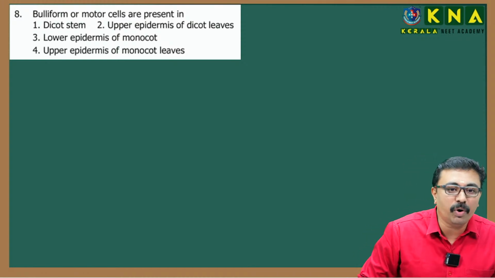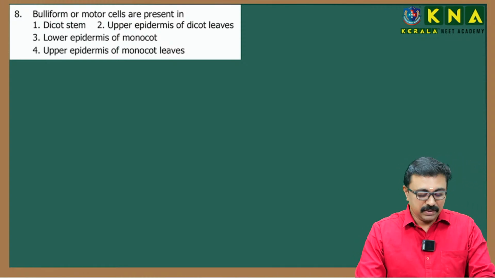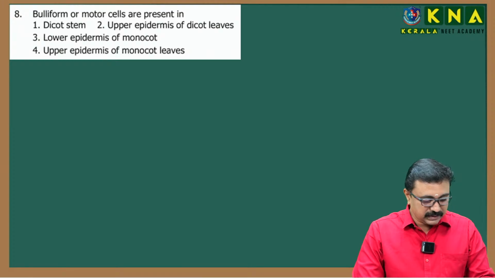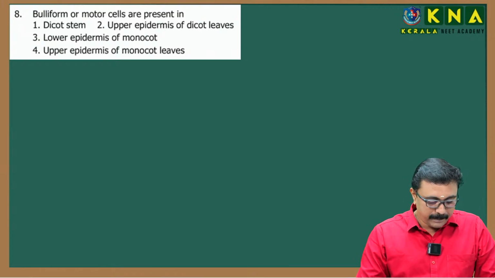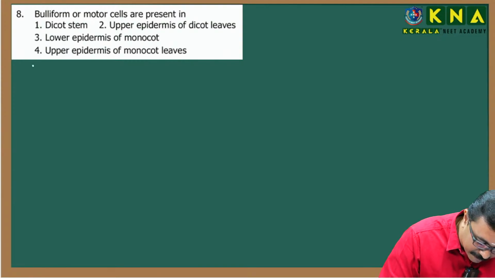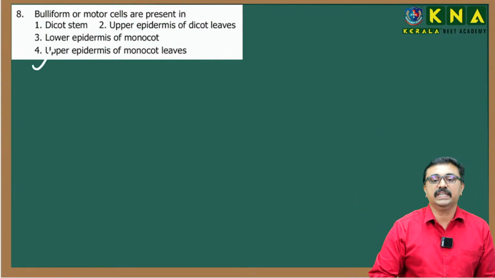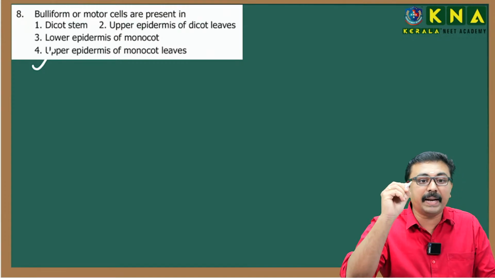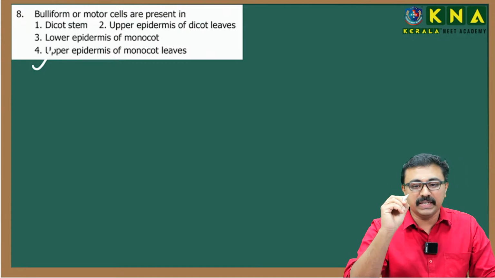Bulliform cells or motor cells. Okay, very good. The right answer is upper epidermis of monocot leaf.